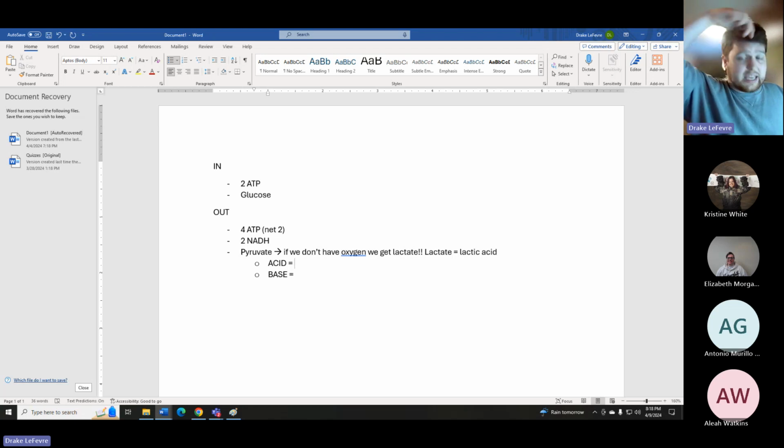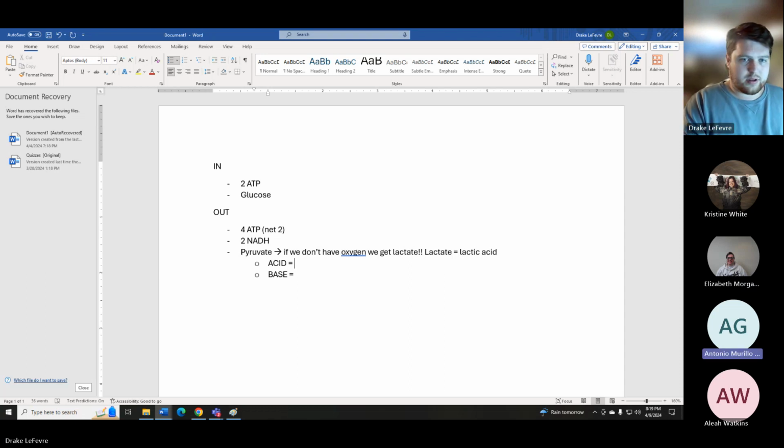Not necessarily that the pH is less than 7; that would be if a solution is acidic. But if we take a chemical that is an acid and put it into a solution, what's going to happen to the pH?